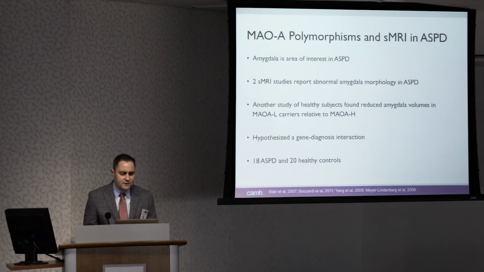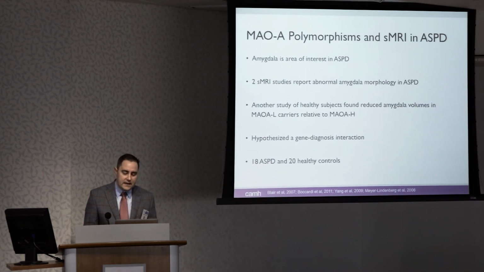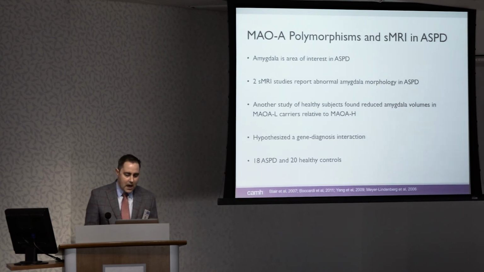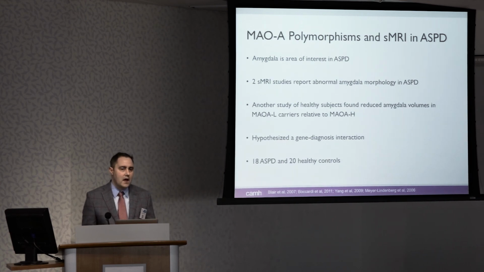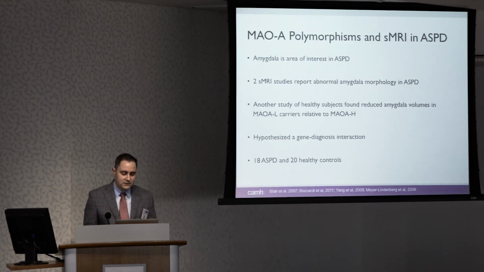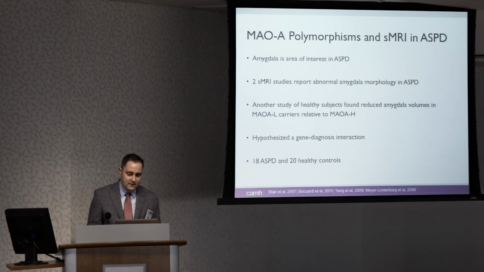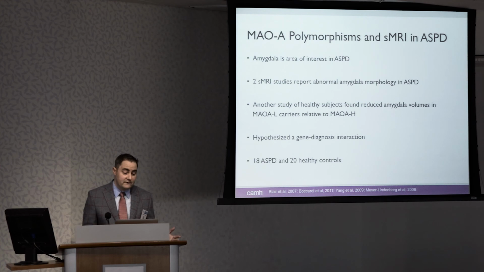Next, we looked at a structural study of MAOA polymorphisms in ASPD, and this was structural MRI. We chose the amygdala because it's involved in moral reasoning, stimulus reinforcement learning, and harm avoidance, as well as emotion processing. And it's a key region or an area of interest in ASPD.